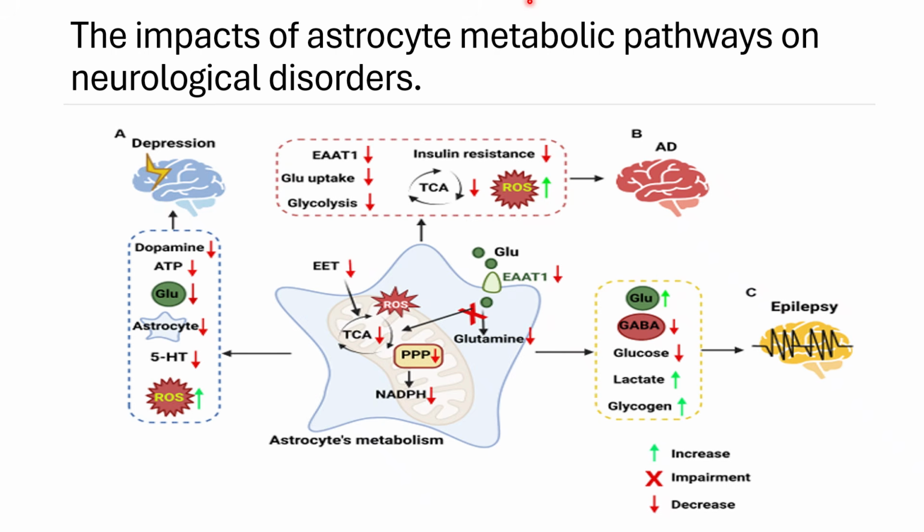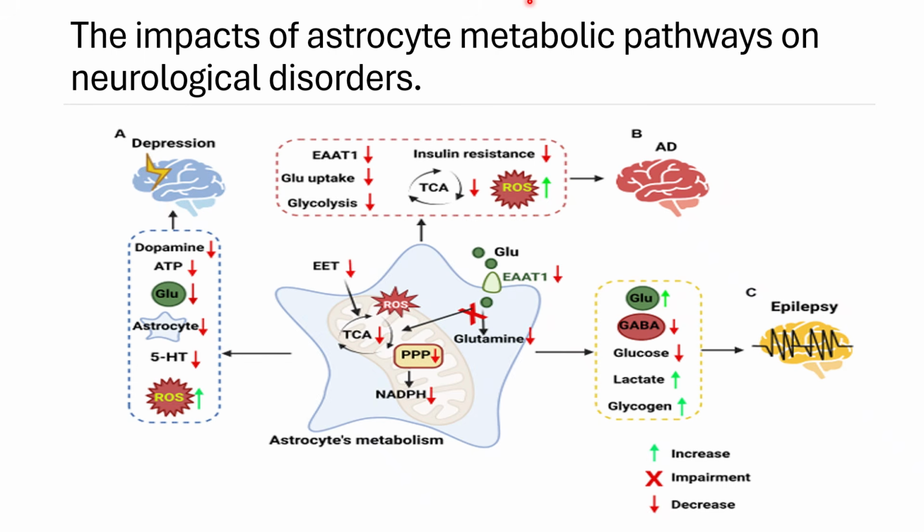Now, looking at the second, we have the astrocyte metabolic pathway in Alzheimer's disease. Astrocyte metabolic pathways provide, of course, energy to neurons for various functions through neuron modulation, such as memory, motor, and cognitive functions.